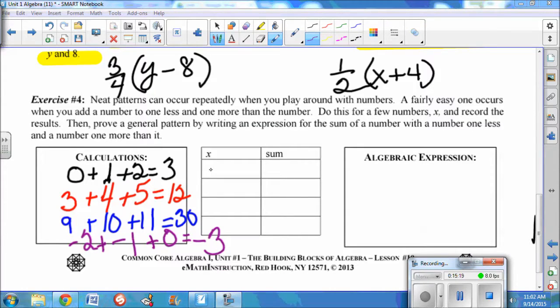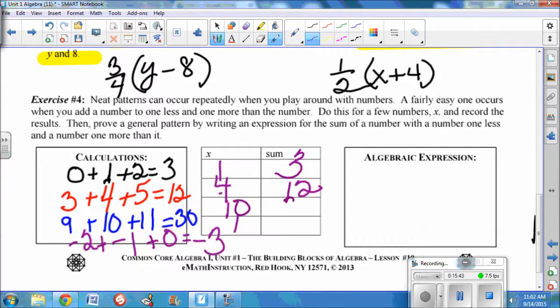All right, so in this first example, the one I wrote in black, x was 1, and the sum came out to be 3. The next one, x was 4, and the sum was 12. Then the third one, x was 10, and the sum came out to be 30. So now we're going to look at patterns as we go through this.